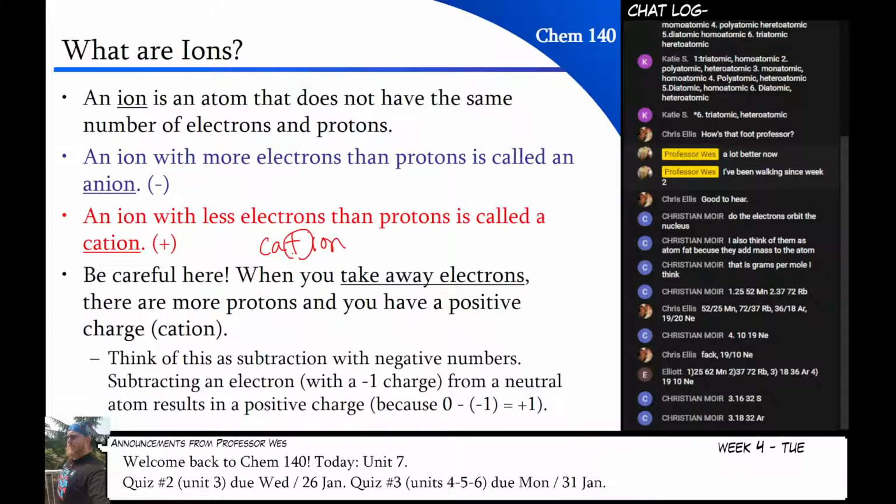So if I have something that's neutral and I remove 3 electrons, its new charge is now positive 3. If I give it 5 electrons, its new charge is now negative 5. So be careful. It's kind of backwards when you are first doing these exercises. But remember that electrons are negative, so you just treat it like subtracting negative numbers, if that helps you.